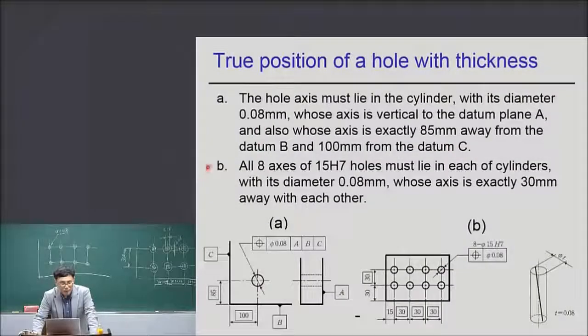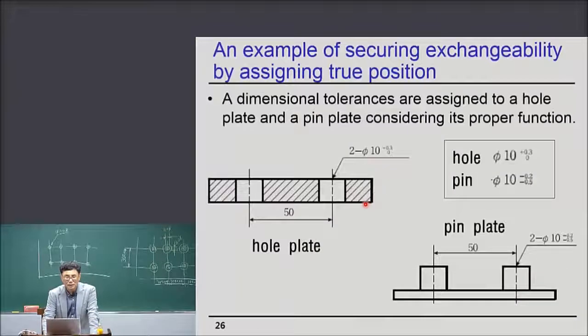All right, see, all 8 axes of the 15 H7 holes must lie in each of the cylinders with diameter 0.08 millimeter, whose axes are exactly 30 millimeters away from each other. So this is a very clear definition.